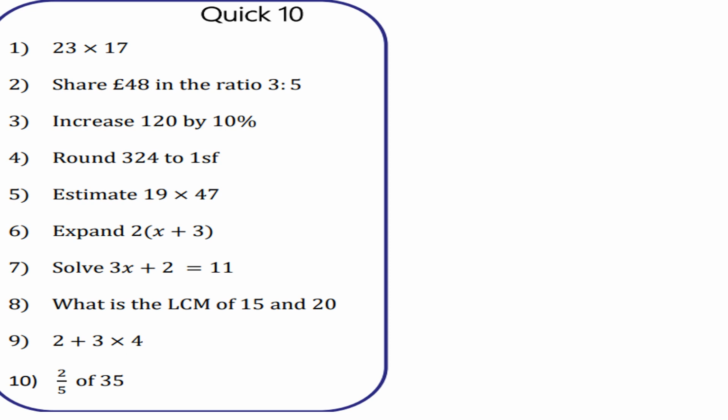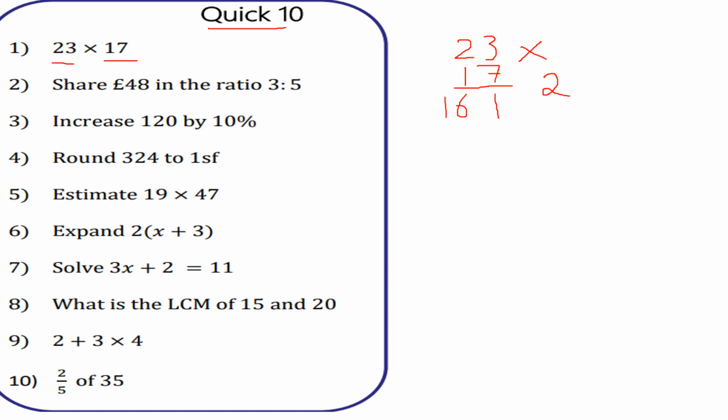So the first section here is just a quick 10 questions. Question number 1, 23 times 17. There is more than one way to work this out, so I'm going to do the following. 3 times 7 is 21, so 1 carry the 2. 7 times 2 is 14, plus the 2 is going to be 16.